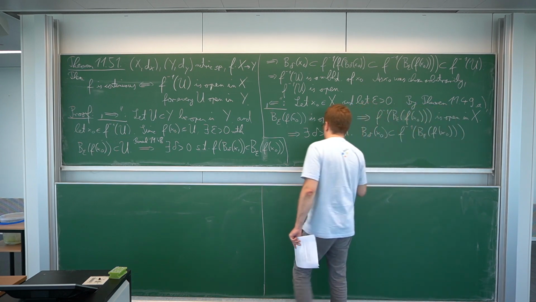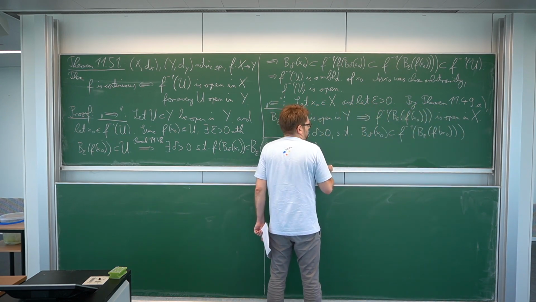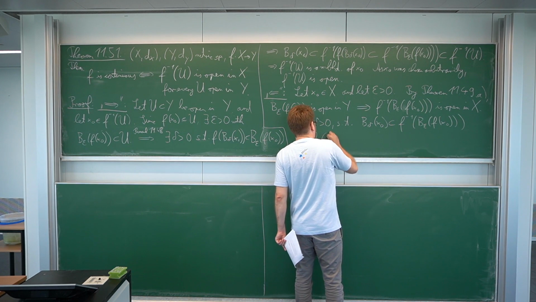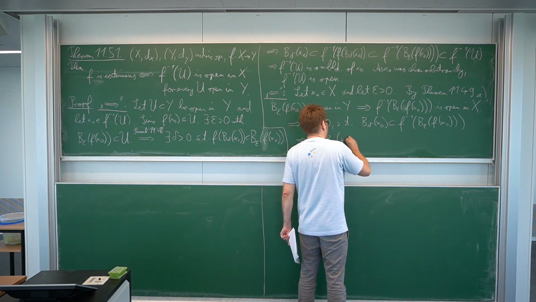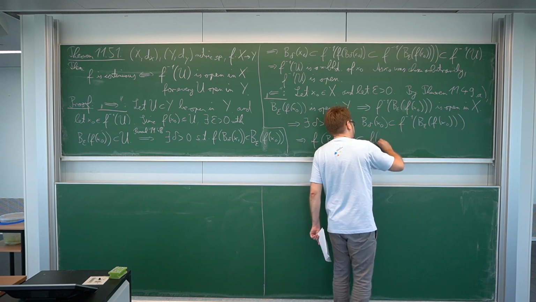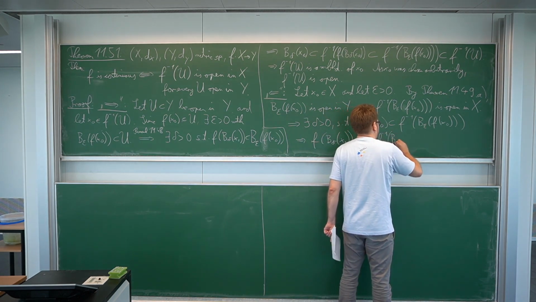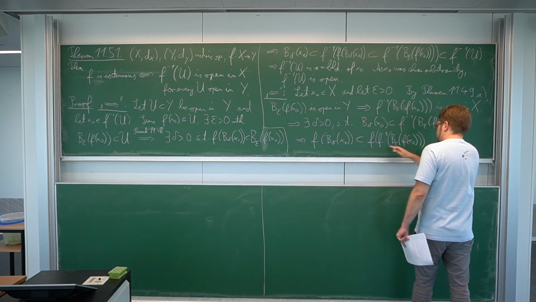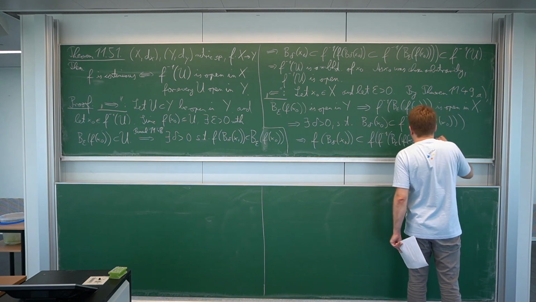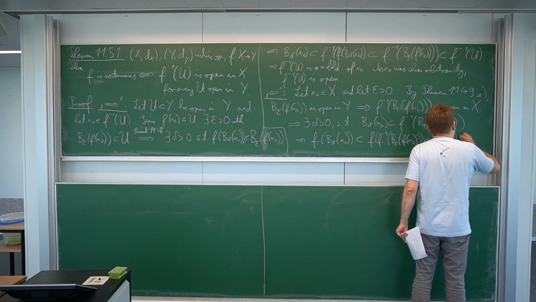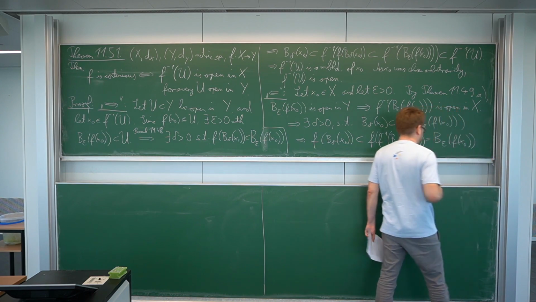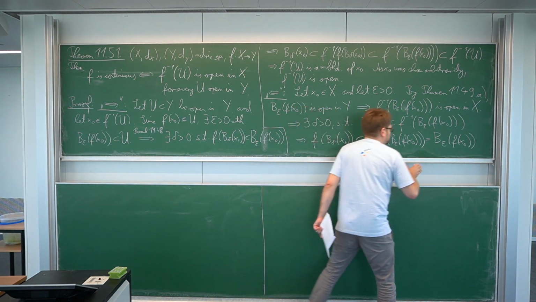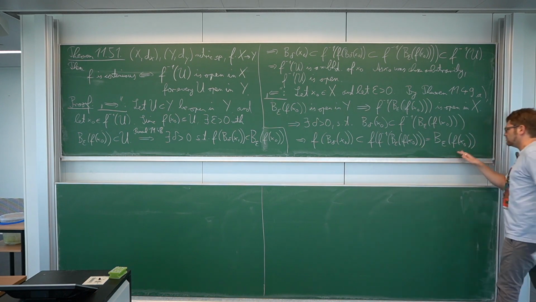And this relation surely implies that if we now apply f on both sides, so the image of something smaller is contained in the image of a bigger set, that's clear. f of B delta of x0 is contained in f of f to the minus 1 of B epsilon of f of x0. And this is simply, so composing it this way, this is always an equality to B epsilon of f of x0. Okay, so this ball, the delta ball around x0 is mapped into the epsilon ball around f of x0.